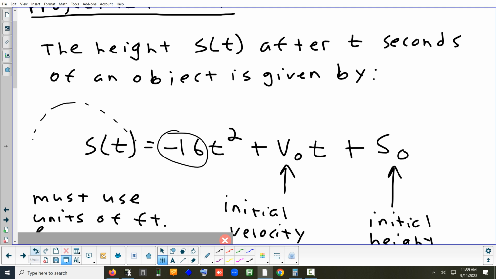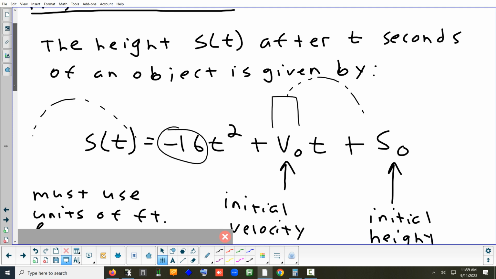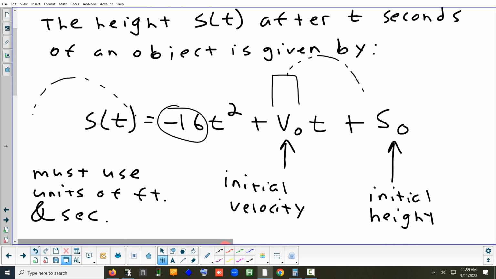And the other thing you'd need to know is how high was the object when it was launched? Was it launched from the ground? Or was this object on top of a building and launched like that? But as long as we know those 3 things, time, initial speed, and initial height, we can figure out where our object is.